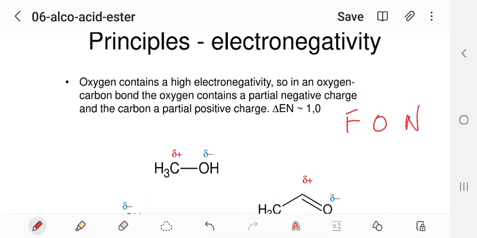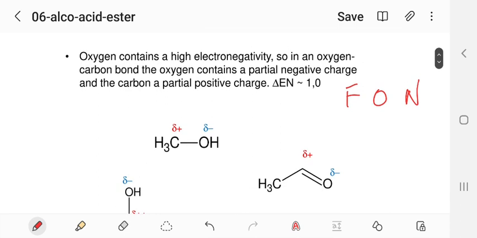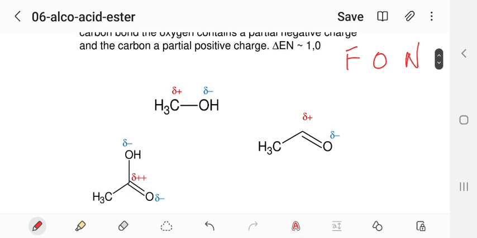And the delta EN between C and O is 1, so it's strongly polar. So any hydrocarbon chain that has a CO bond or double bond, so if it has a hydroxy group or a carbonyl, has a polar part.